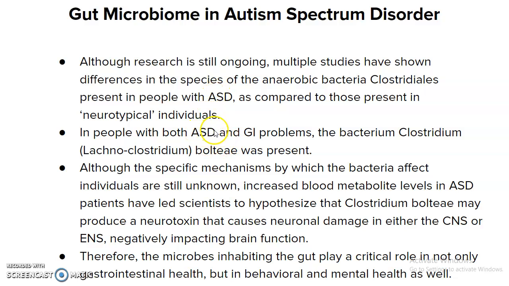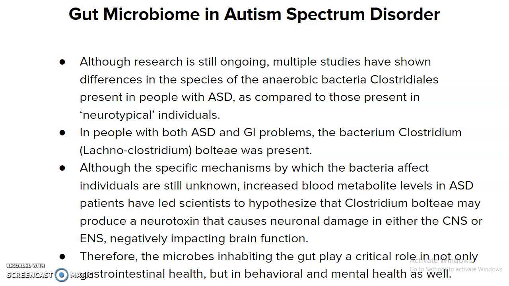And in people with both autism spectrum disorder and GI problems, Clostridium bolte was present, and although the specific mechanisms by which the bacteria affect individuals are still largely unknown, it's been shown that increased blood metabolite levels of this bacteria in patients with autism spectrum disorder have led scientists to hypothesize that Clostridium bolte may produce a neurotoxin that causes neuronal damage in either the central nervous system, the CNS, or the enteric nervous system, which is the gut microbiome, and both of those would negatively impact brain function.